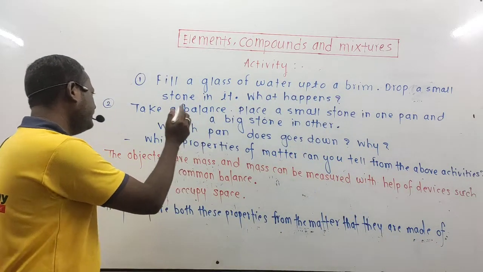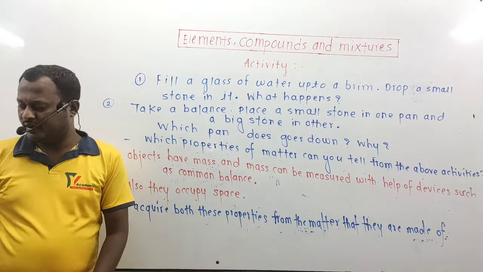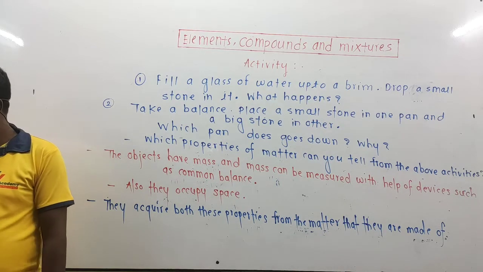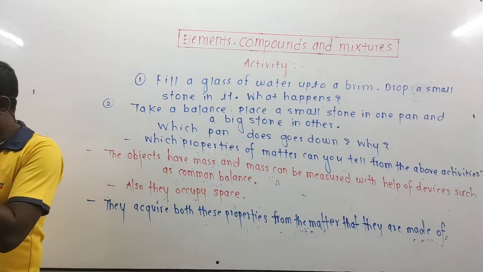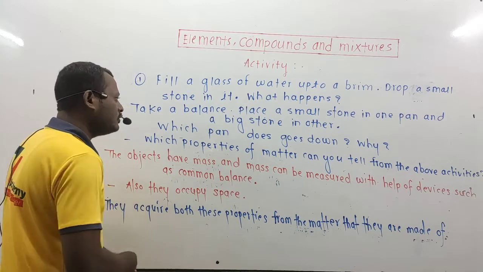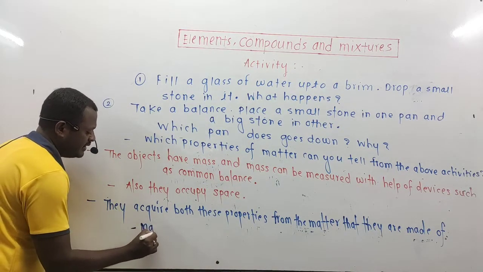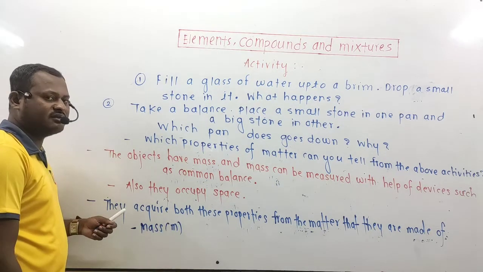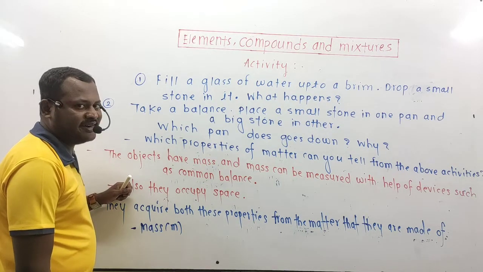So in this activity, we can say that every object has two properties, that is mass and volume. In other words, mass and volume are two important properties of matter. Mass means the quantity of matter contained in an object.